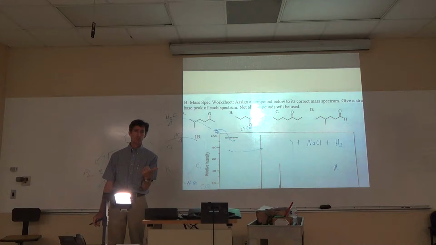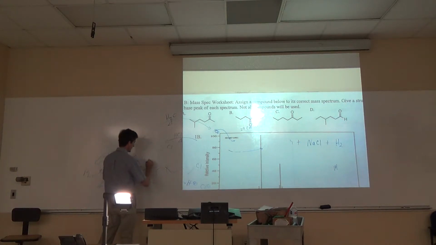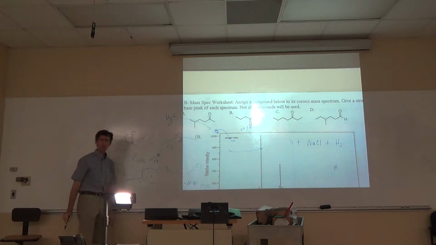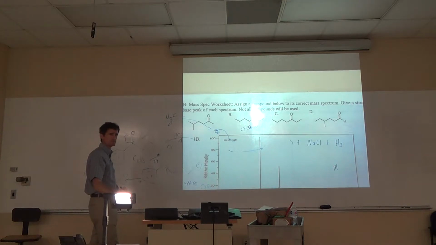If it was two carbons, that's 24, C2H5, which is just an ethyl. But for it to show up, it has to be a cation, and it's a primary cation. I wouldn't be betting the farm on primary cations.